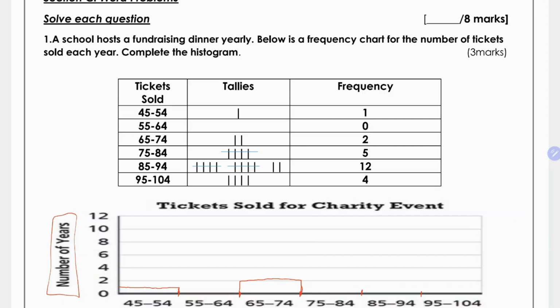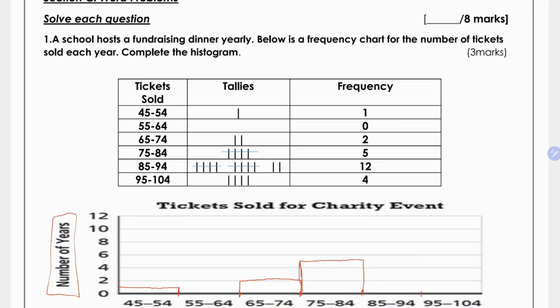So remember that the bars are in the shape of rectangles. Now 75 to 84 goes up to 5.